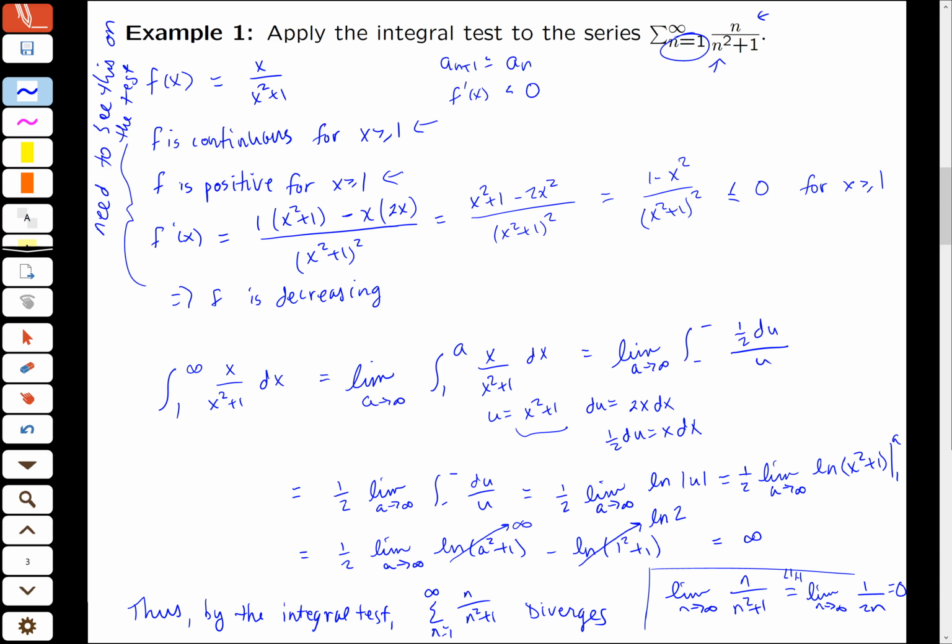Just because the limit of the terms that are being added together is 0 does not mean that it's going to 0 fast enough for your series to converge. Any questions on that? Okay.